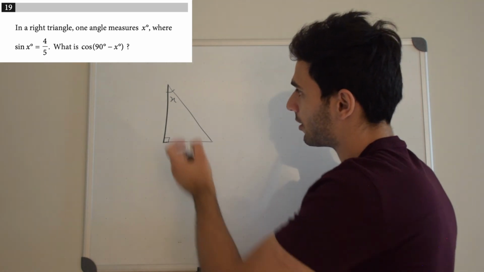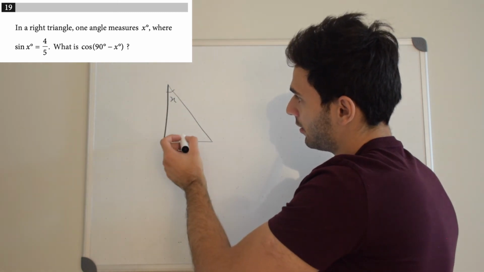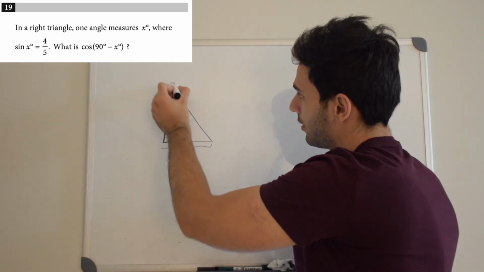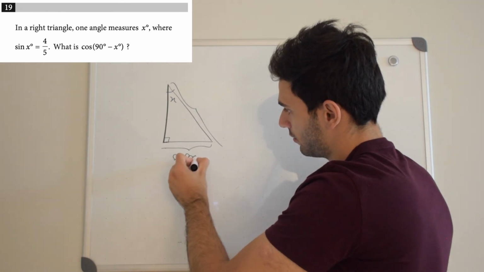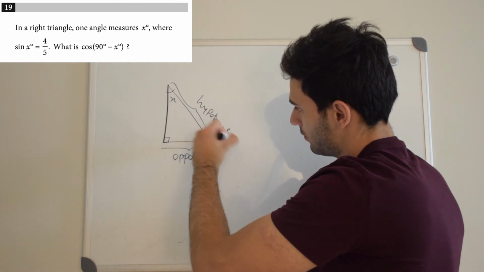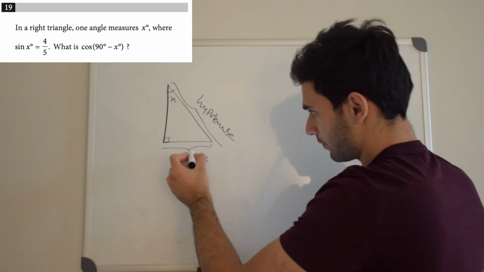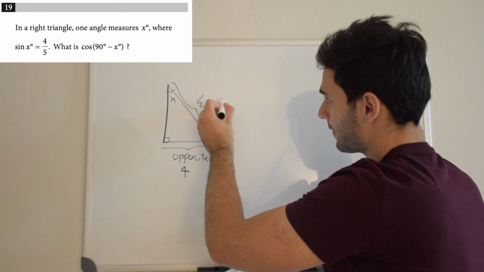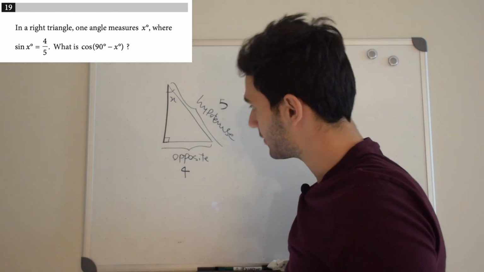What does that mean? Sine of x is opposite over hypotenuse. So the opposite is going to be 4. My hypotenuse is 5.